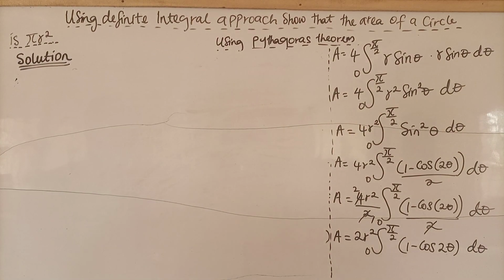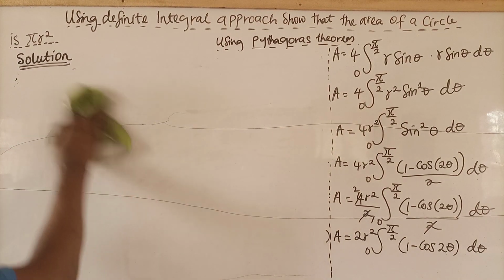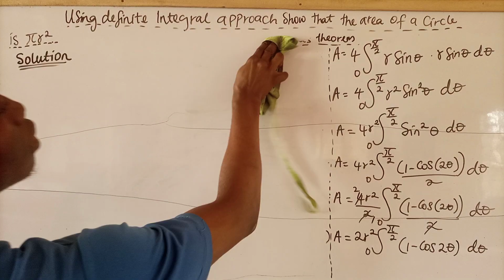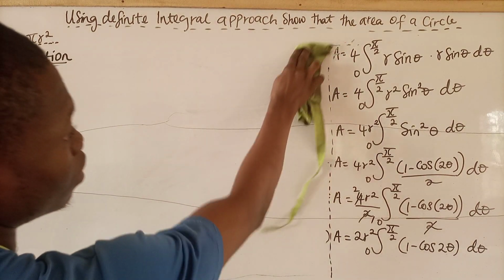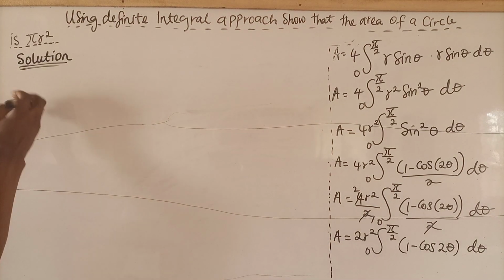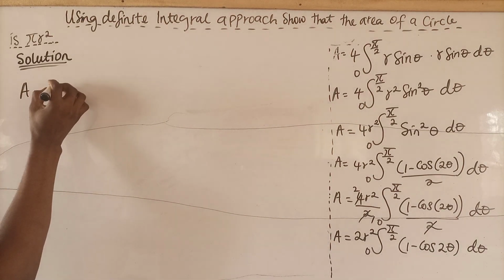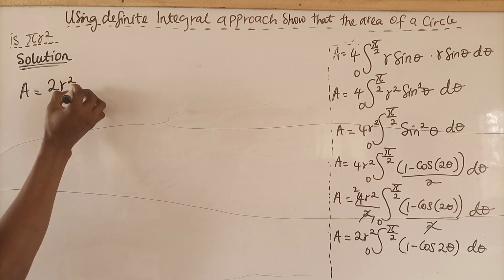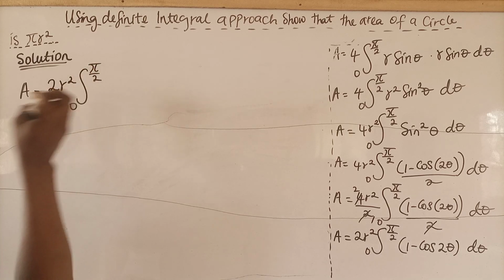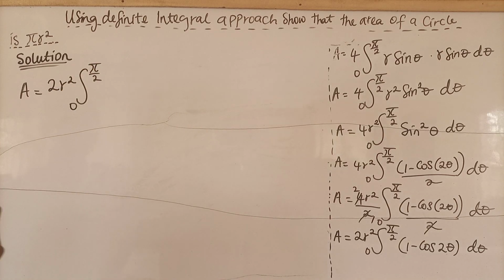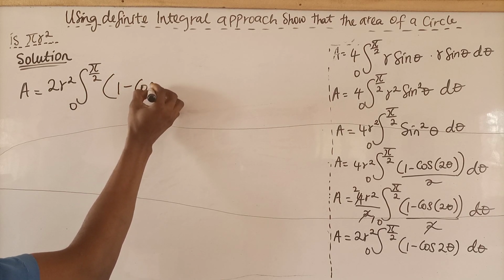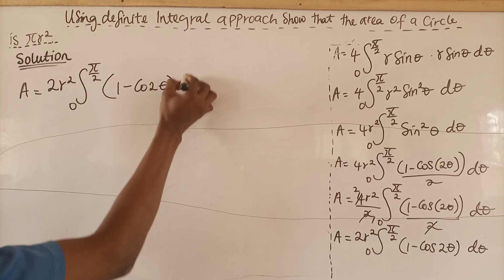So we are going to have area is equal to 2r squared integral from 0 to pi all over 2. Let me write this thing here so that you see it: 1 minus cos 2 theta d theta.